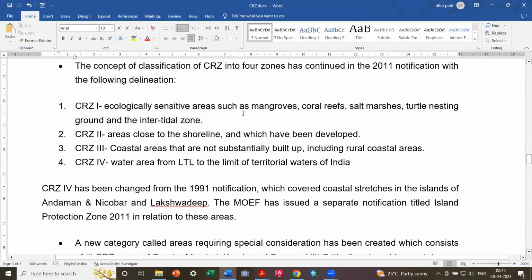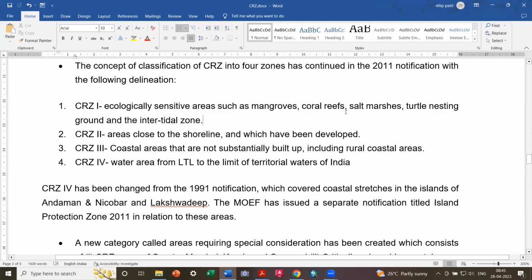Ecologically sensitive areas such as mangroves, coastal coral reefs. Coral reef म्हणजे आपण पाहिला असेल, वेगवेगळे जलचर प्राणी असतात बघा खाली आणि त्यांच्या वसाहती किंवा सेटलमेंट्स असतात. त्या तुम्ही बघू शकता एखाद्या व्हिडिओमध्ये. मँग्रोव्ह म्हणजे आपले खारफुटीचे जंगल असतात.